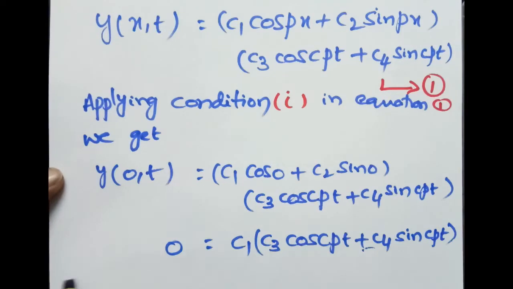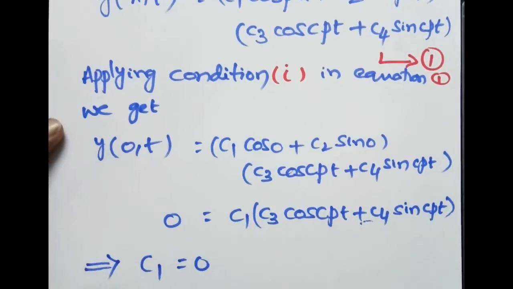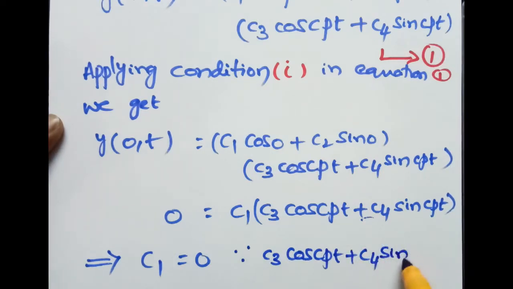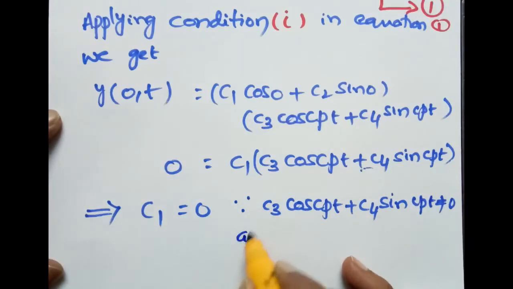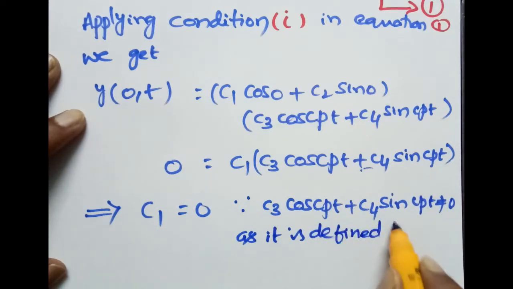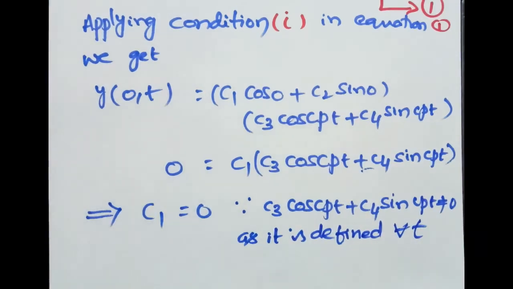This implies C1 equal to 0, since C3 cos cpt plus C4 sin cpt is not equal to 0 as it is defined for all t.